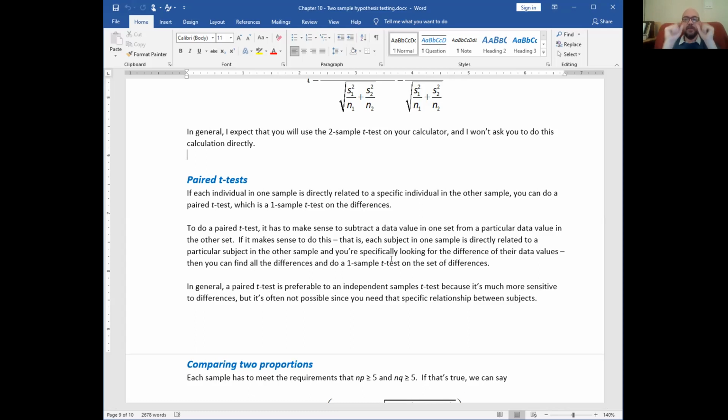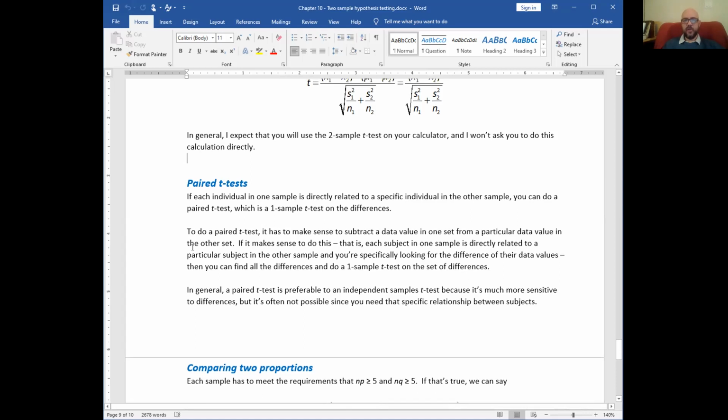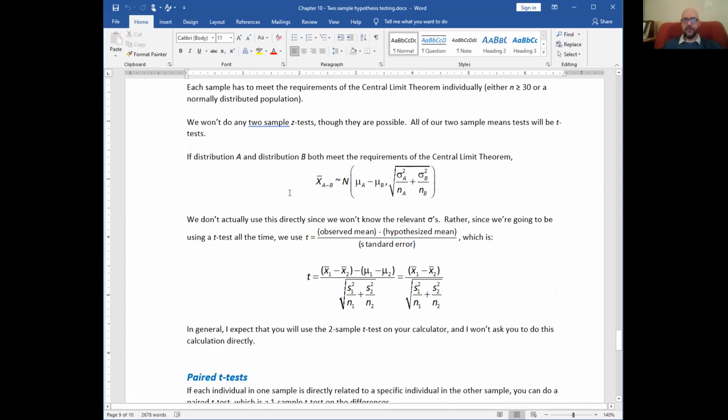That means that there must be that correspondence to connect the two, because otherwise it doesn't make any sense to be subtracting them. So that's the thing you got to watch out for. For a paired test, you're testing the differences rather than the individuals themselves. So finding those differences has to make some sort of logical sense. Otherwise, you shouldn't do it. You should do an independent samples t-test, which is that first one that we covered.